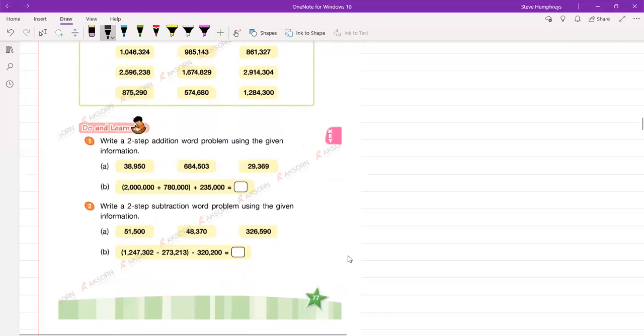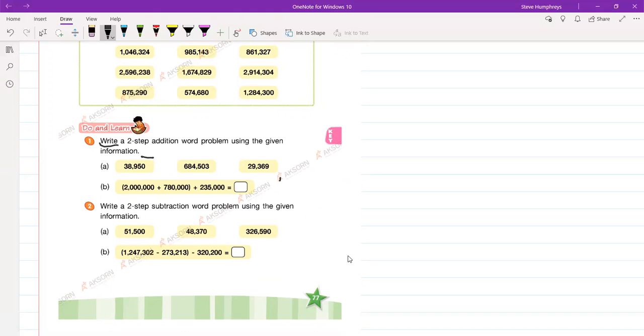Right, students, here it says, do and learn, okay? Now here, we don't have much room to do this. So I think we'll do these when you come back to the class, okay? I'll just show you how they're made up.